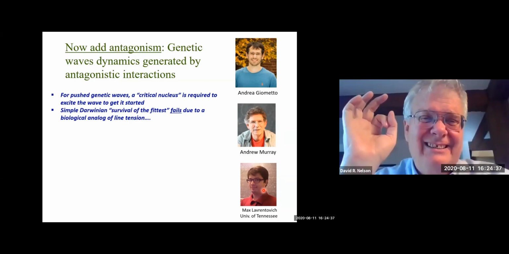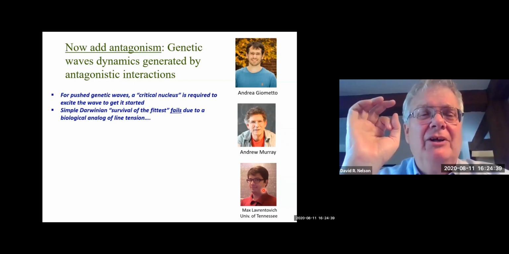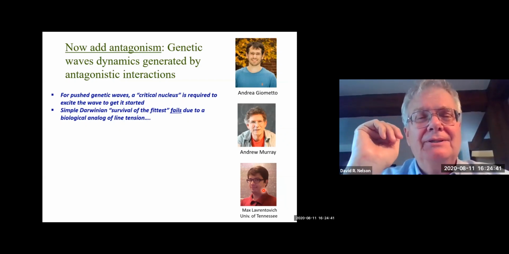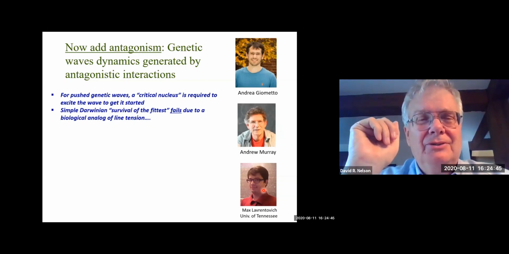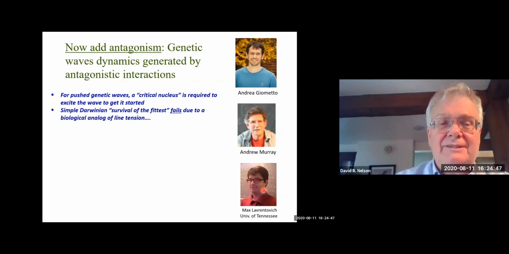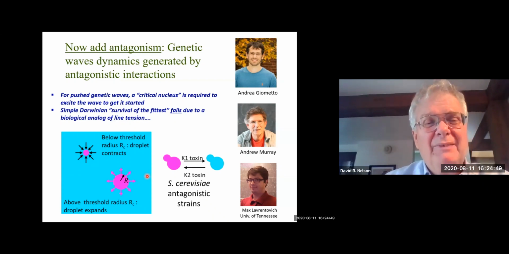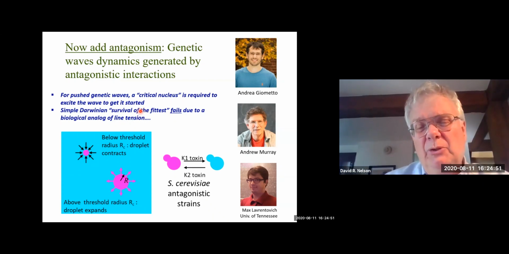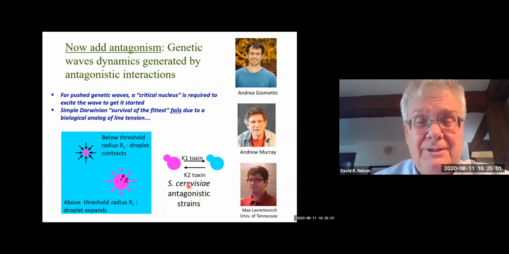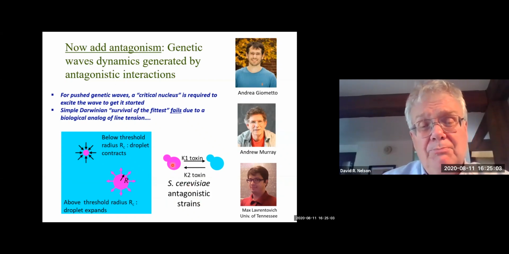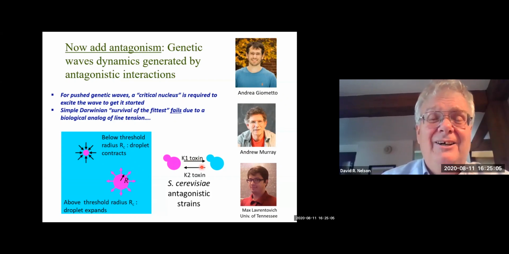And the antagonistic problem we find quite interesting because there are genetic wave dynamics generated by these interactions. And in particular, if you can make organisms as Andrea and Andrew have in the lab, which are so-called killer yeast strains, Saccharomyces cerevisiae, baker's yeast, basically, which produce toxins.